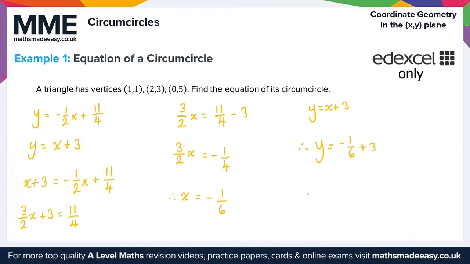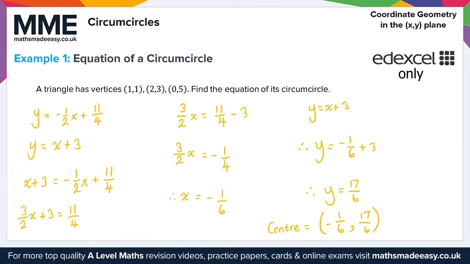Okay, so therefore y, if we just simplify the right hand side here, it's going to be equal to 17 over 6. So that tells us the centre is minus 1 over 6, and our y coordinate is 17 over 6 there. Okay, so we found the centre there.